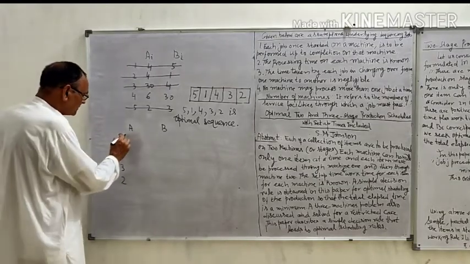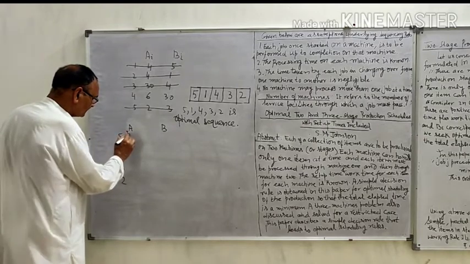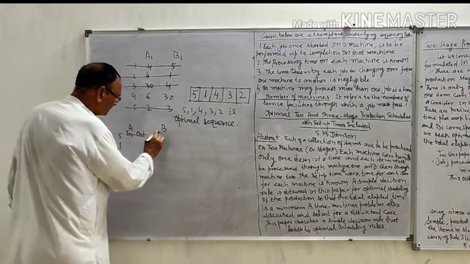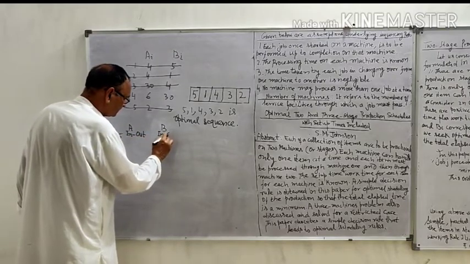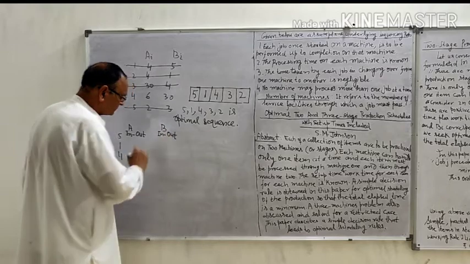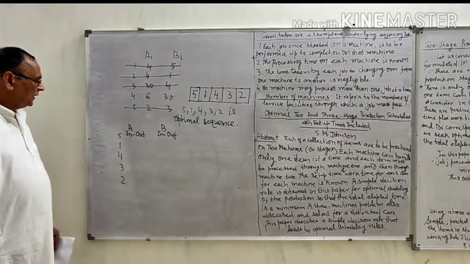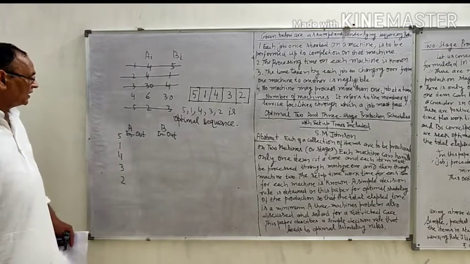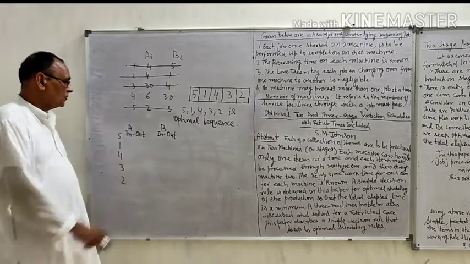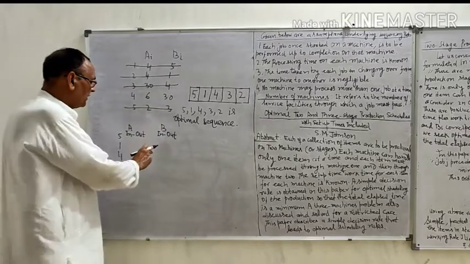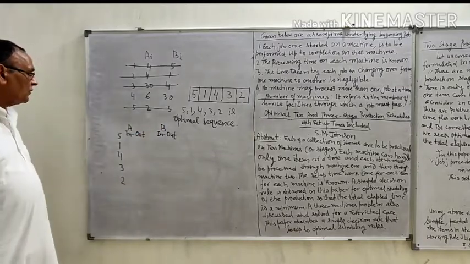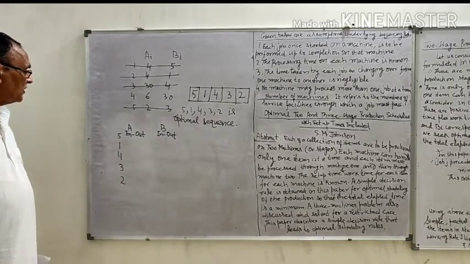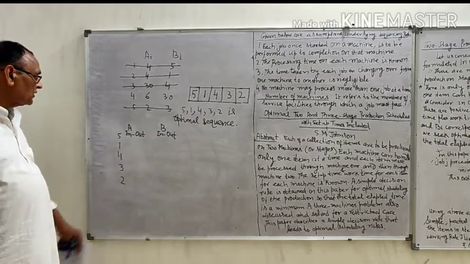Here, in means the start of this job on machine A, out means completion of this job on machine A. Similarly, B in means the start of the job on machine B, out means completion of the job on machine B, and similarly for 1, 4, 3, 2.